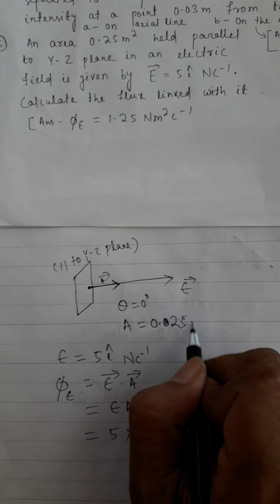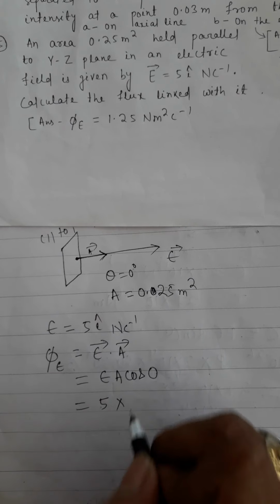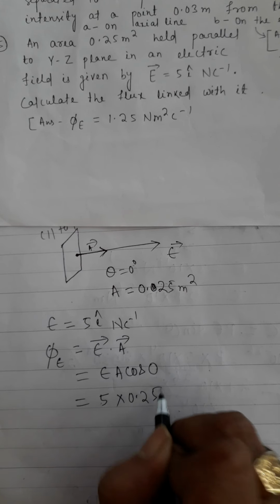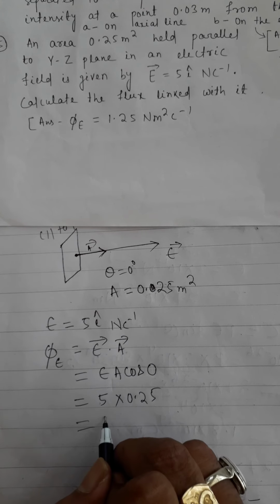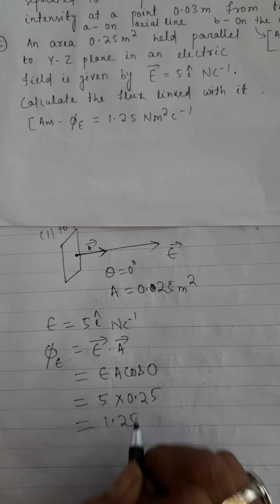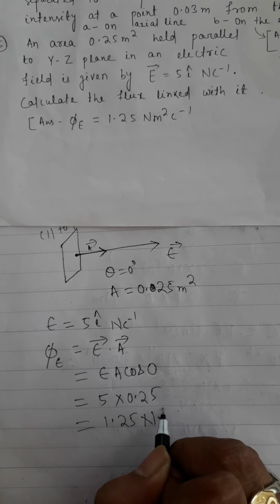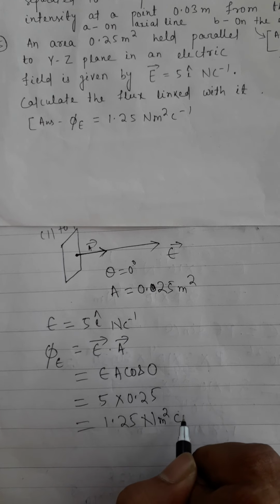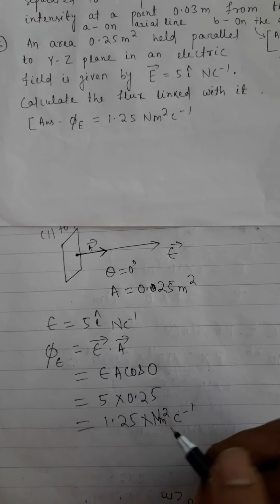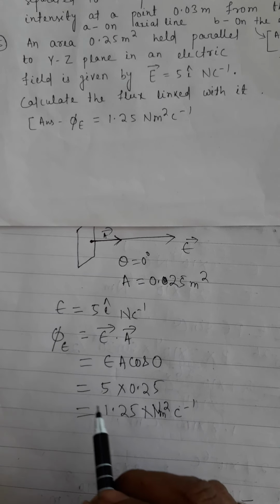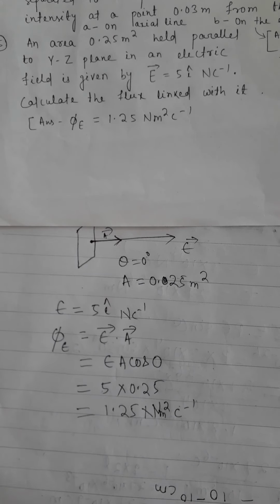So it will be 1.25, and this is Newton meter square Coulomb inverse. So this is the flux linked with it.